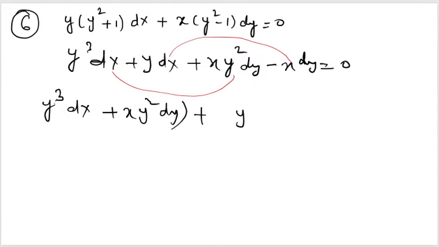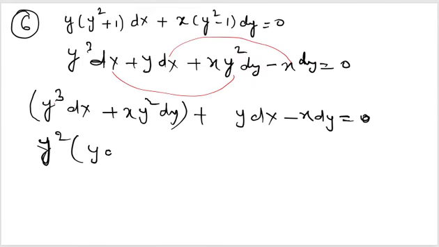Let us make a group of these two and a group of the others, because I spot this y dx minus x dy, and sometimes it gives you a hint. Let me take y square common and see what happens inside. Inside you have y dx plus x dy. Yes, this can also be written in terms of d.